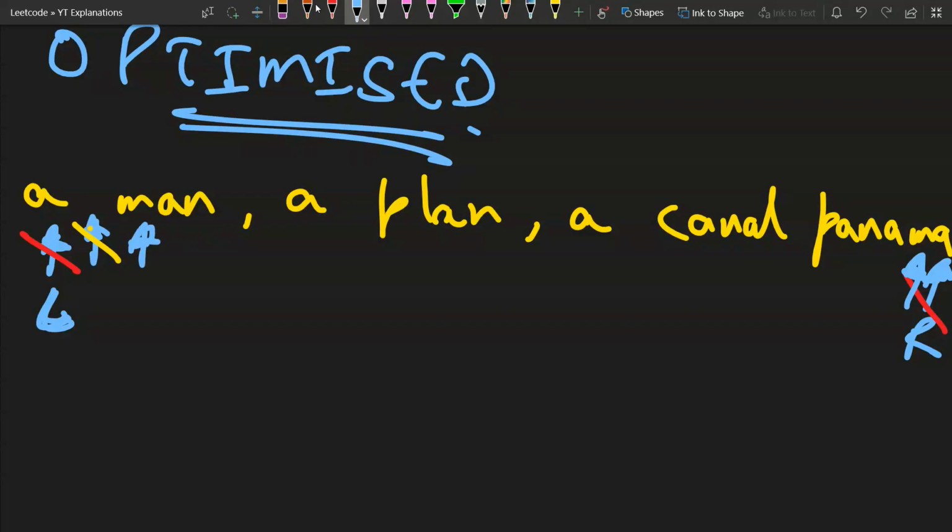Then we compare L and R. Again, M is equal to M. Now we move both the pointers forward again in this way. Then this is an L, this is an R. They are the same, and then we move this here. We keep continuing.